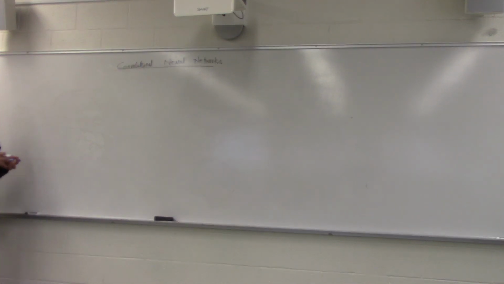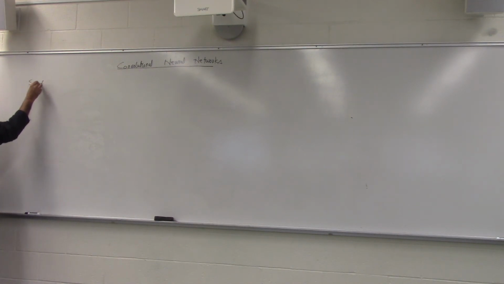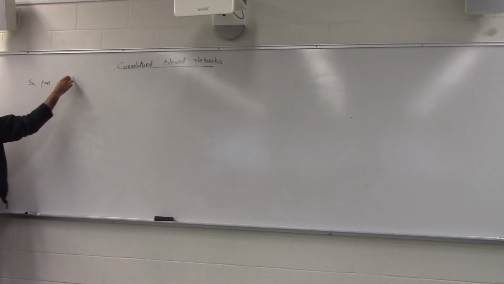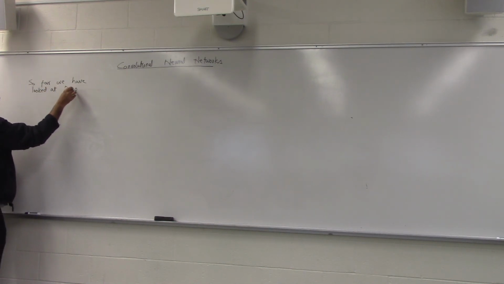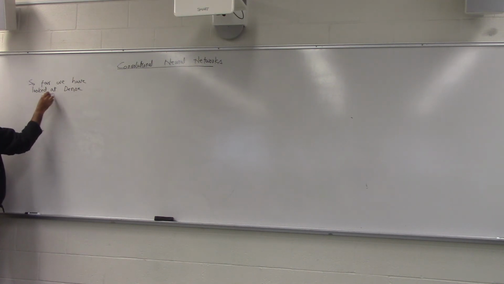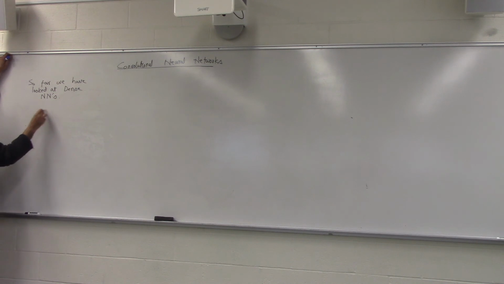Okay, so far we have looked at dense neural networks. Okay, where, as we discussed, we have one hidden layer.